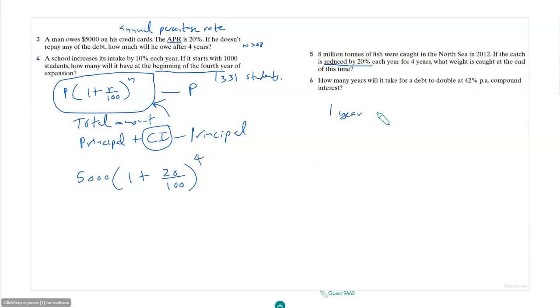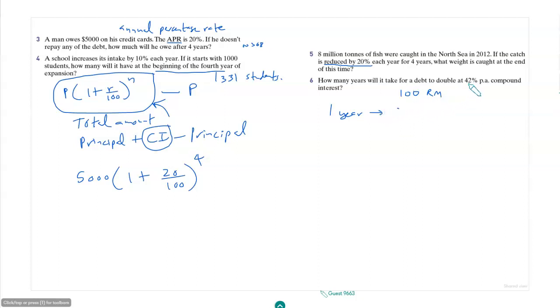After 1 year, how much will it be? See, let's assume you have 100 ringgit as your debt. 100 ringgit is your principal. So after 1 year, how much will it be?